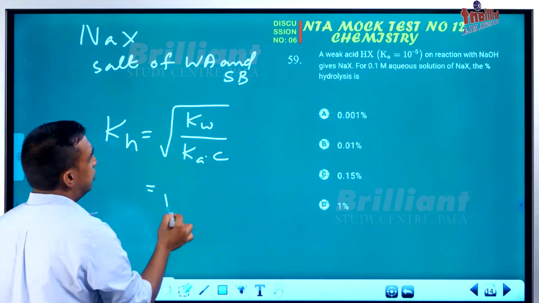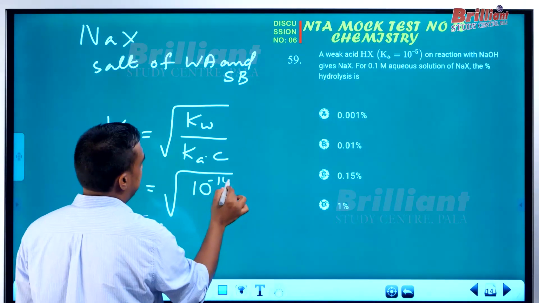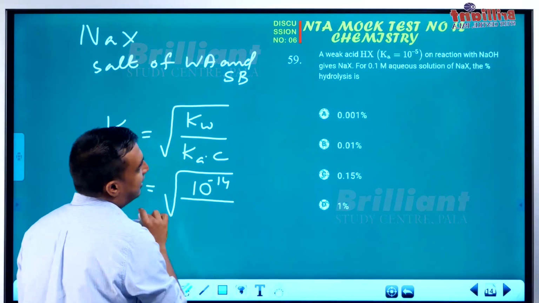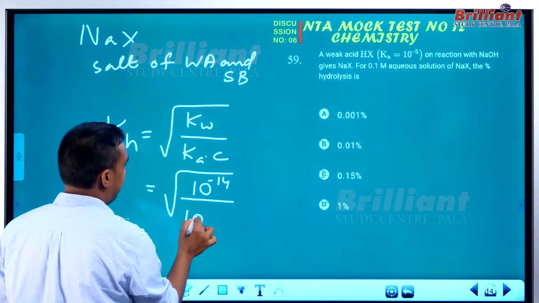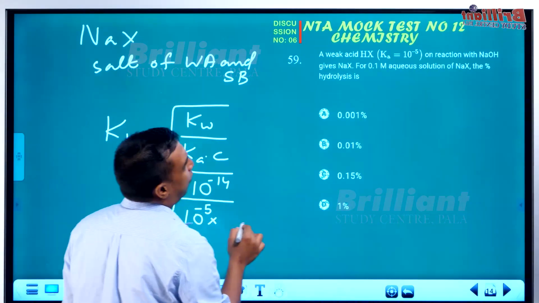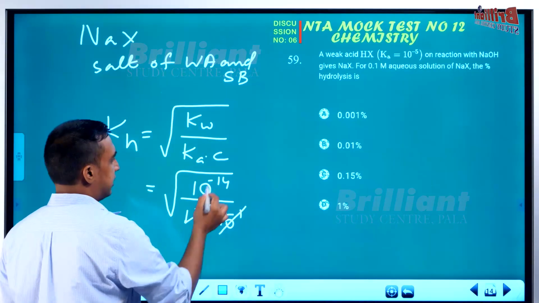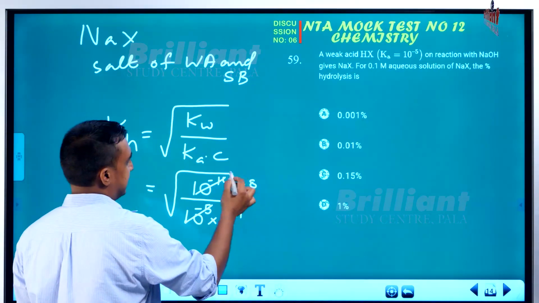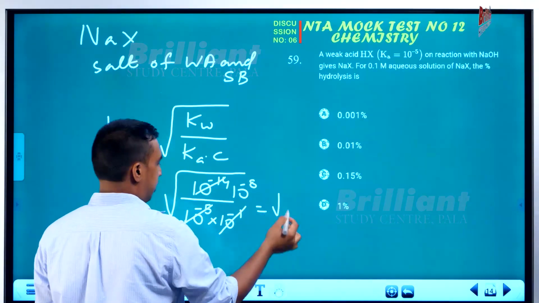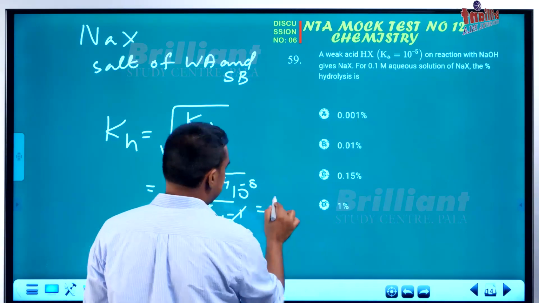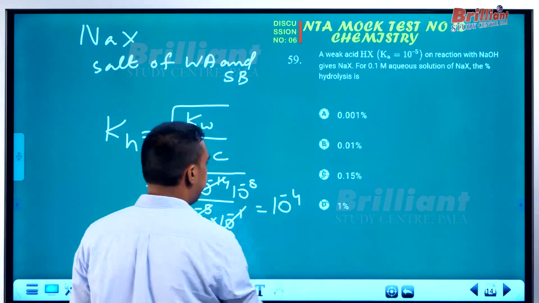So this will become root of 10 power minus 14 divided by Ka, which is 10 power minus 5, and C is 0.1, 10 power minus 1. So this cancels, and this will become 10 power minus 8. Root of this becomes 10 power minus 4.